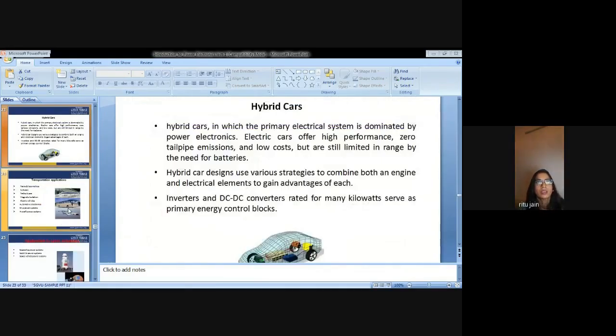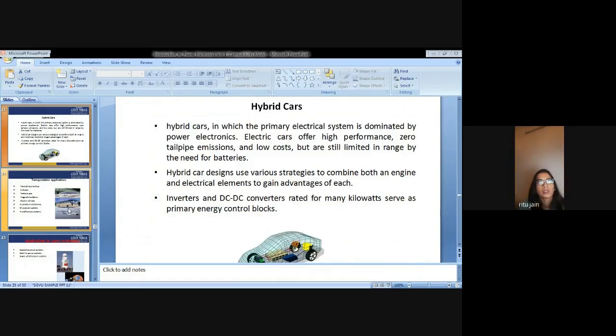Hybrid cars. These days we are using hybrid cars, in which the primary electrical system is dominated by power electronics. Electric cars offer high performance, zero tailpipe emission, and low cost, but are still limited in range by the need for batteries.